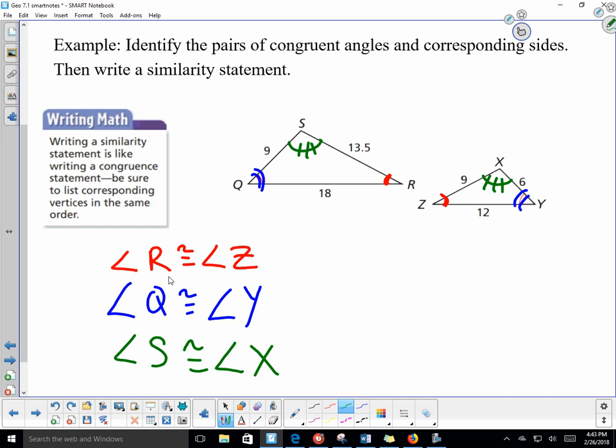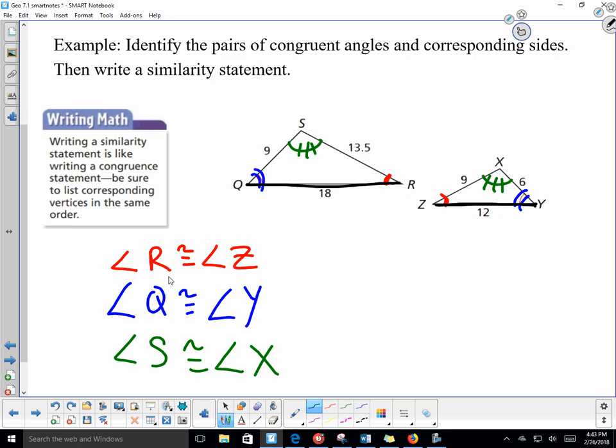So the side running from one tick mark to two tick marks is QR, and that corresponds to this segment running from one tick mark at Z to two tick marks on Y.